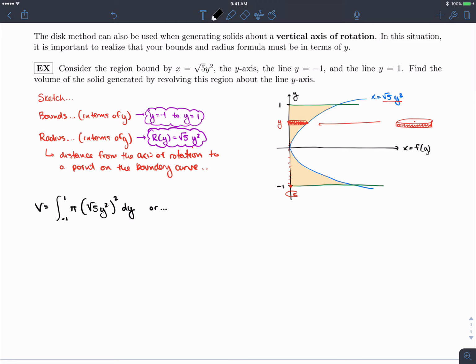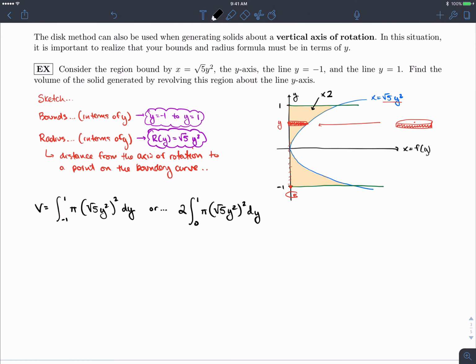Since this is a symmetric curve about the x-axis, we could calculate the integral from 0 to +1 of pi times the square root of 5y squared, and then double it. So essentially we're calculating this top area and multiplying it by 2. And that gives us our full area.